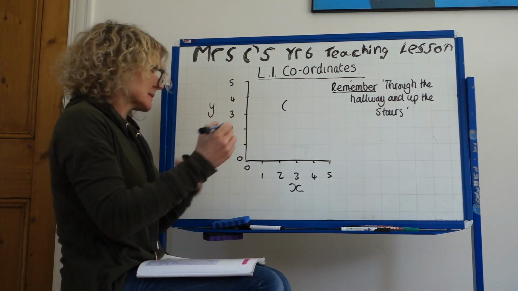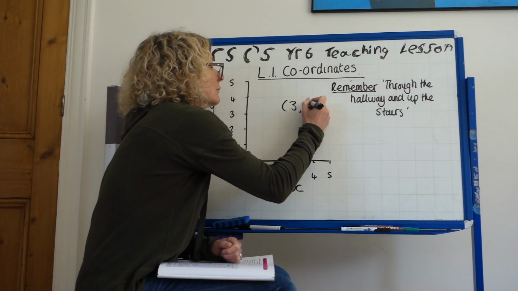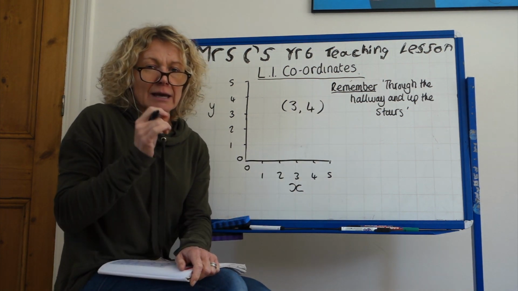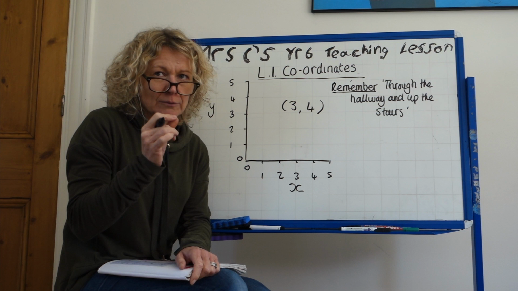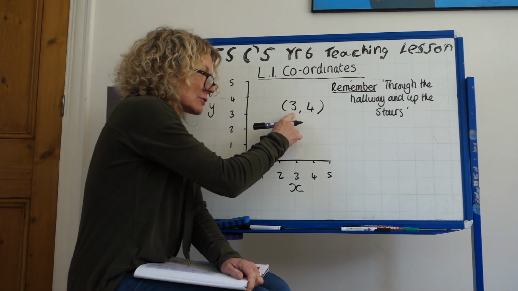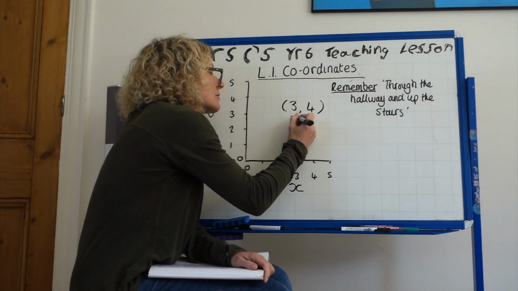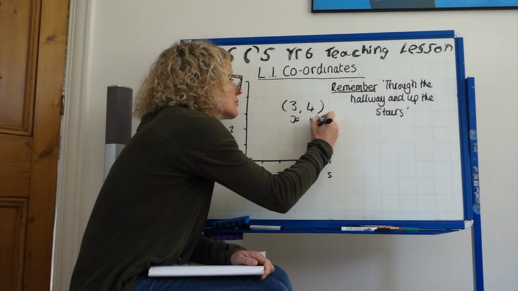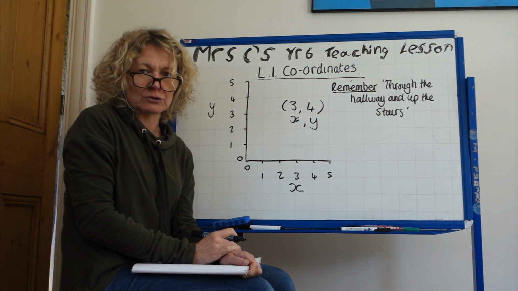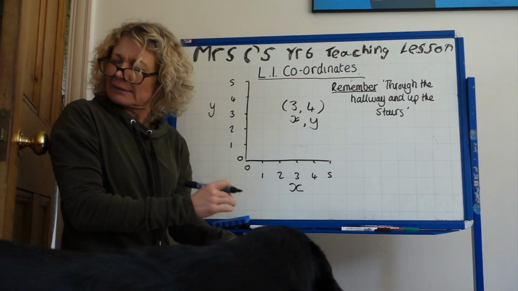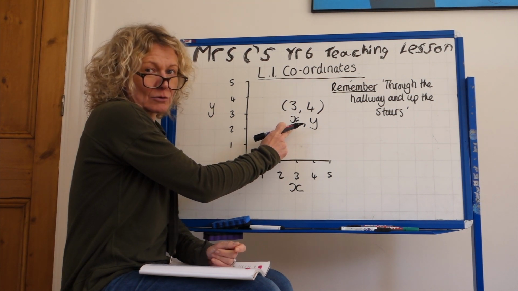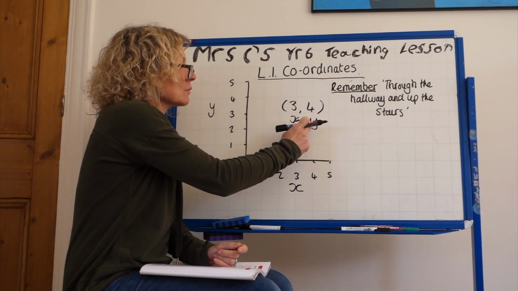So I'm going to write 3 and 4 down. So that's the first set of coordinates. X always comes first. So this 3 is your X coordinate. The 4 is your Y coordinate. Okay, so the 3 is the X coordinate and the 4 is the Y coordinate.